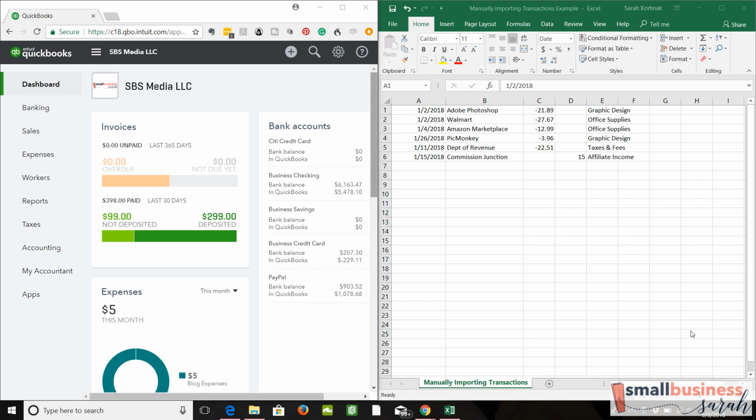So I created an example whereby we're pretending that our business started back in 2017. And for the month of January, all of our business expenses were running through our personal account and our business revenue. But then starting February 1st, we were good boys and girls and we got separate business financial accounts.